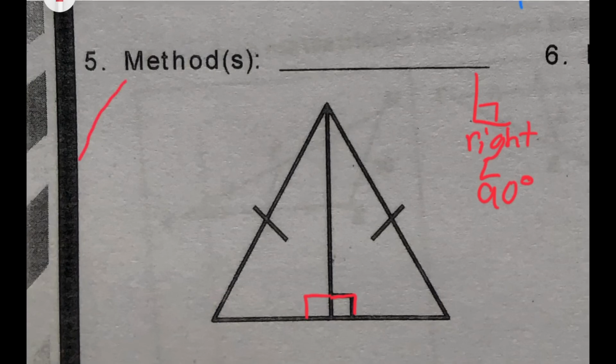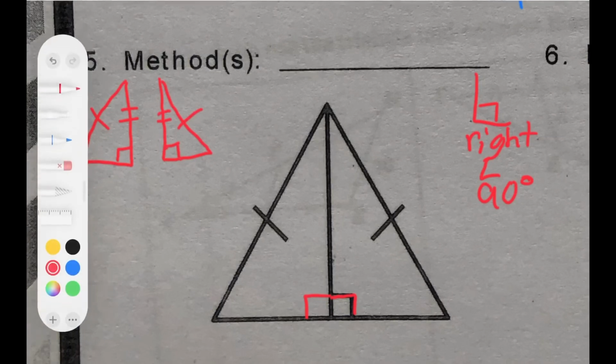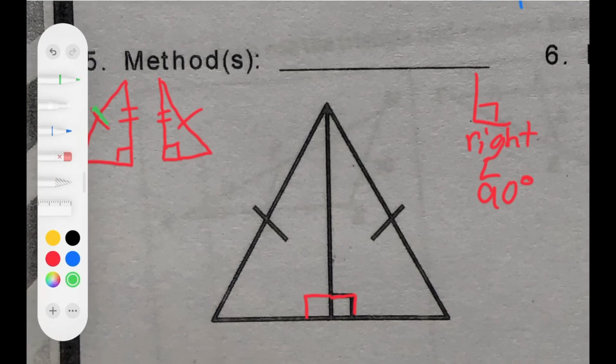So if we look at the different triangles separate, we have an angle that is the same, we have a side that is the same, and these two lines are going to be the same as well because they are the same line in the original figure. So in this case, we have side, side, angle, side, side, angle.